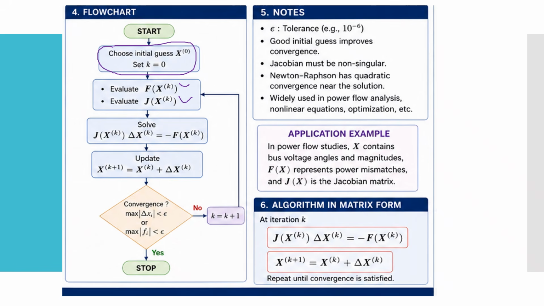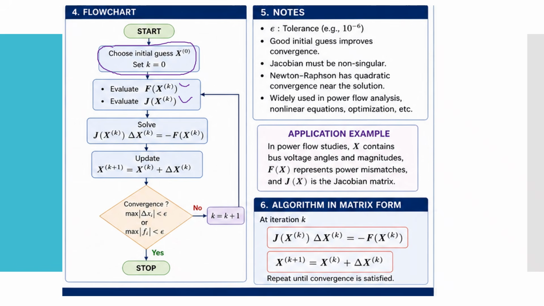A good initial guess improves the convergence of the system. Like for Gauss-Seidel, if we have a good initial guess, the iteration will converge quickly. In the same sense, with a good initial guess, we have good convergence for Newton-Raphson. The Jacobian matrix must be non-singular.